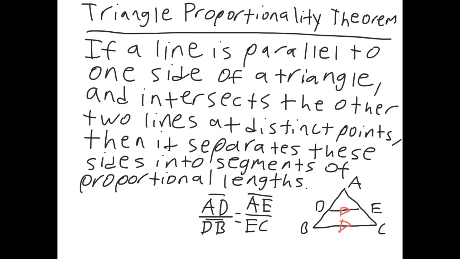So these are proportional to each other. And so if you have, say, 3 of the measures and you want to find the 4th, you just put it up in a proportion like this.